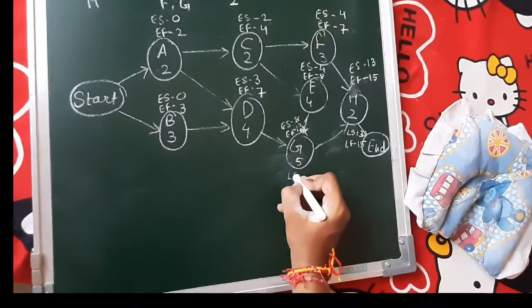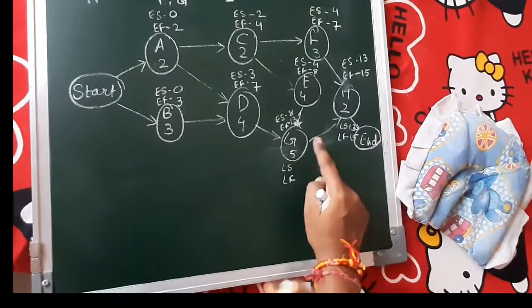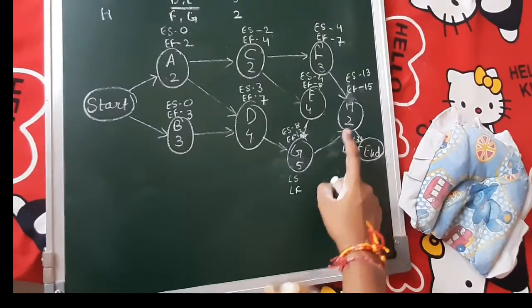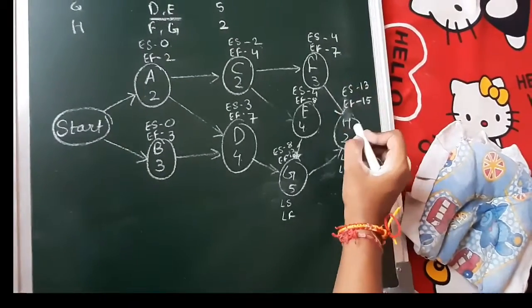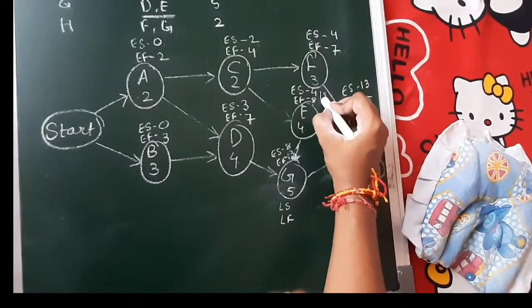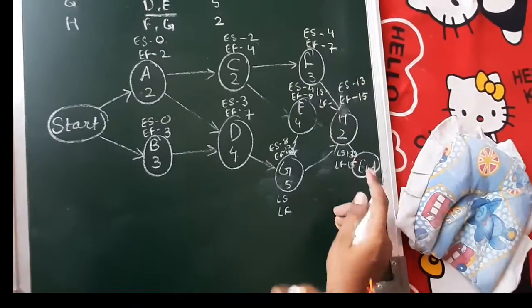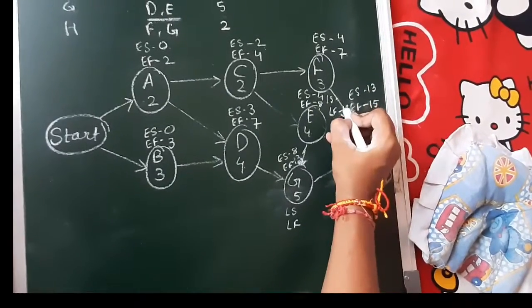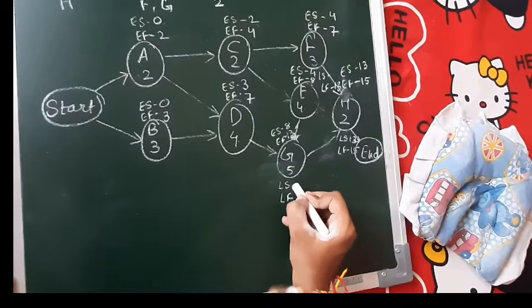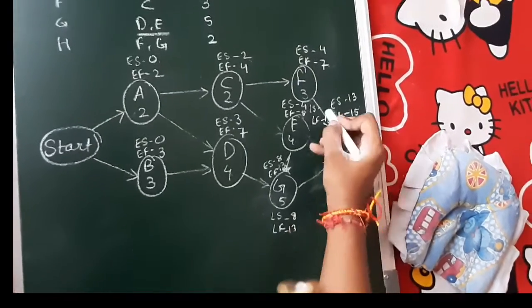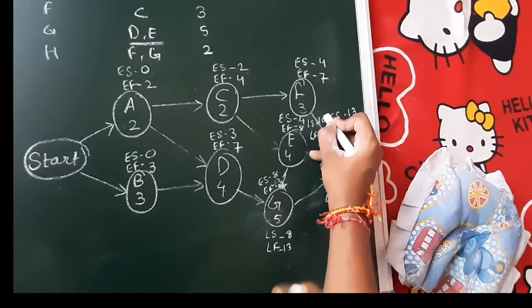Here we have two activities preceding H. So it becomes 13 for both. 13 minus 5 becomes 8 and 13 minus 3 becomes 10.